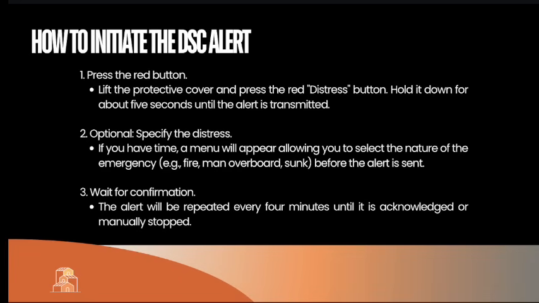And when you have confirmed your distress, you need to wait for the confirmation. The alert will be repeated every 4 minutes until it is acknowledged or manually stopped.